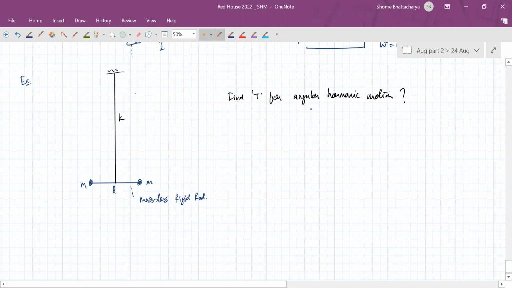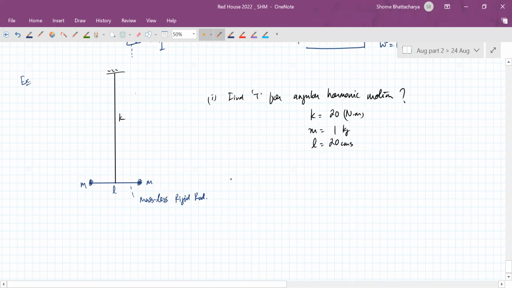It is given to us that the torsional constant is 20 newton meters for the wire. The mass of each of those particles is 1 kilogram, and the length of that massless rod is 20 centimeters.